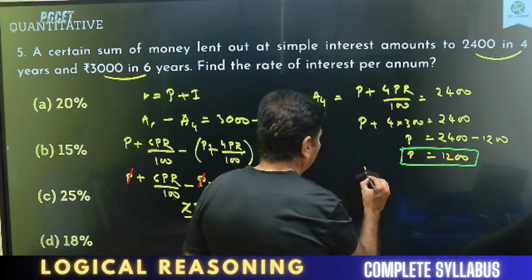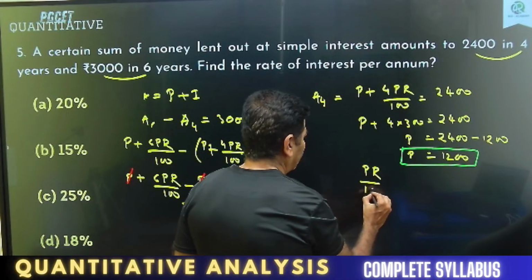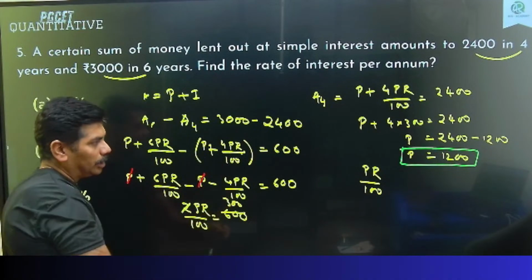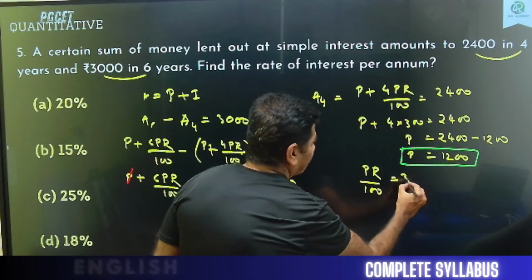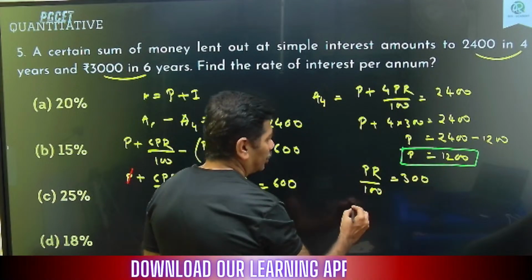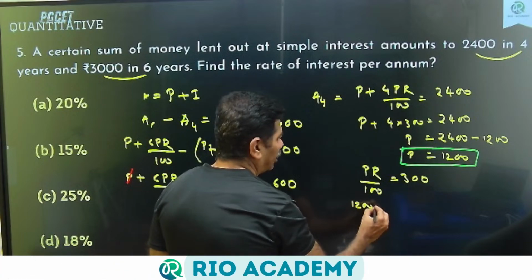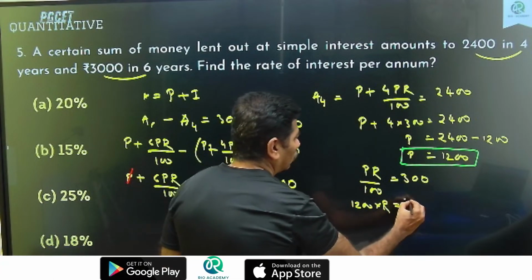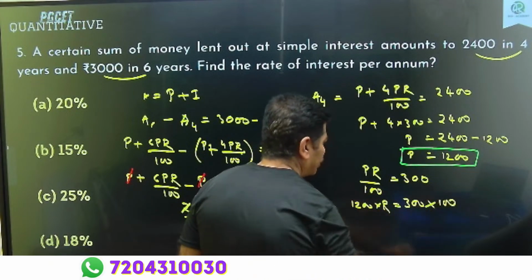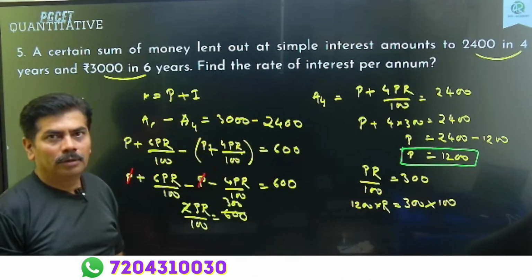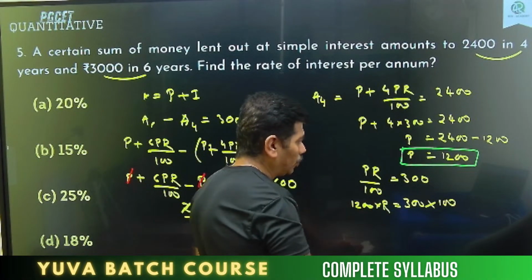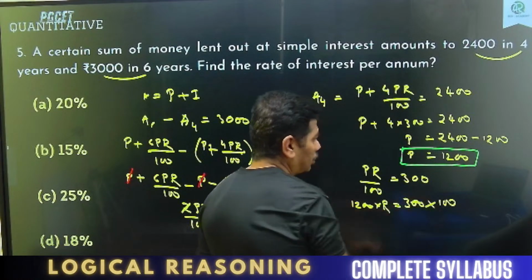Okay, now you all know that pr by 100, just look at this point, pr by 100 is 300. Now what is P? You know, that is 1200 into r equals 300 into 100, this 100 went to this side. So this is 100. Now simply what you can do is cancel 2 zeros and 2 zeros.